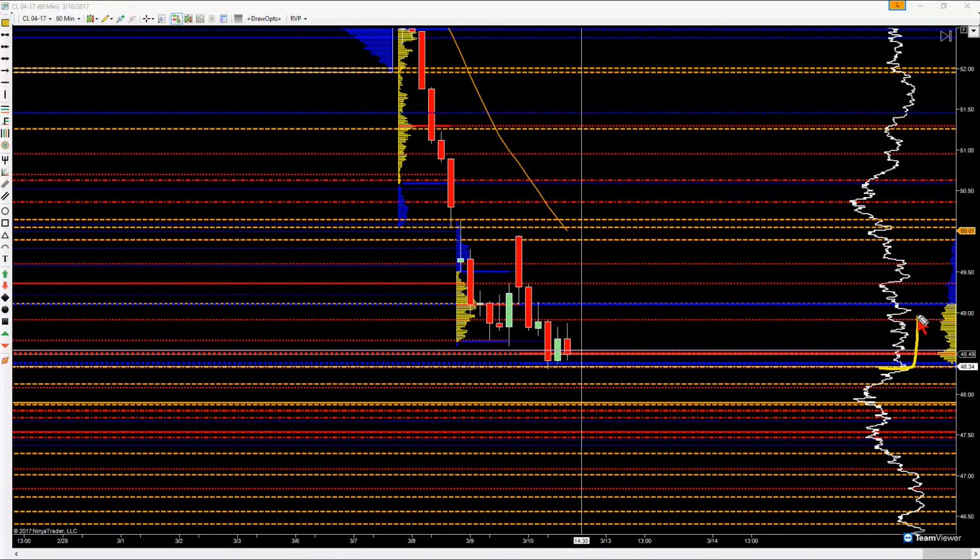And again, you could see here how we have general low volume in relation to here. Even the low volume node in here is bigger than almost any of the high volume nodes in here. So we would expect, if we can push down further, that we would get some balancing down here.